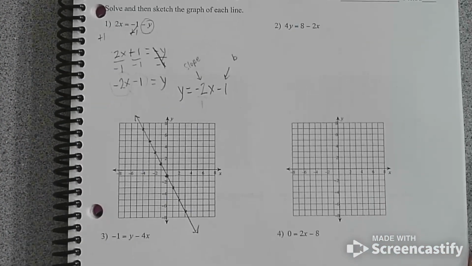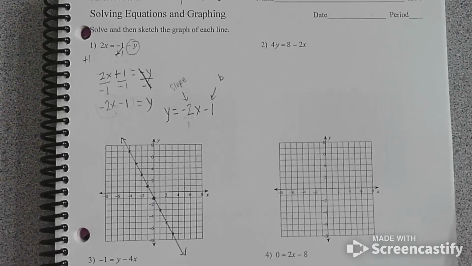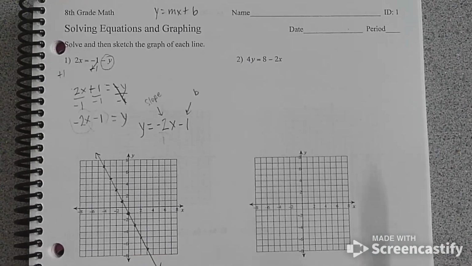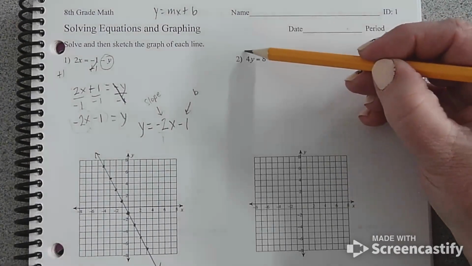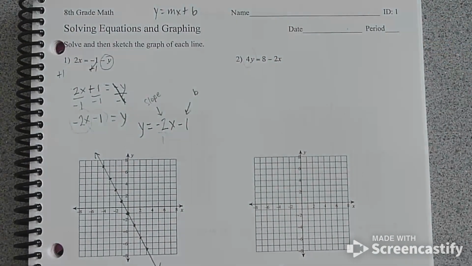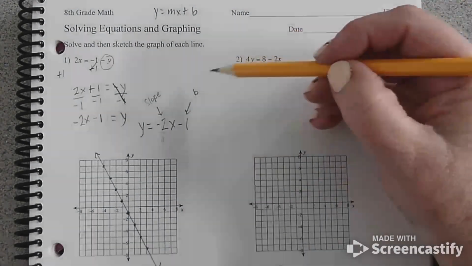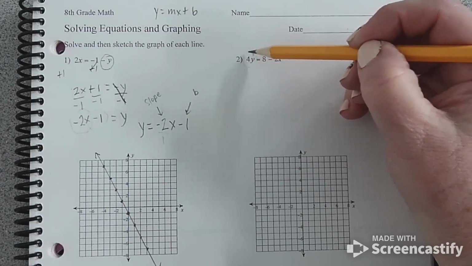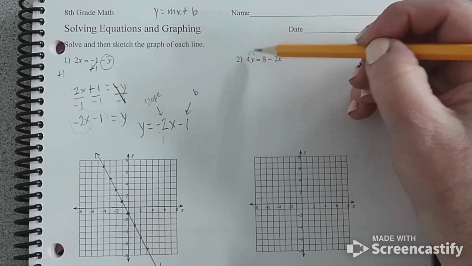Okay, let's do another one. Let's look at number 2 here. So first of all, again, we need to get the y by itself. Well, the y is not by itself. There's a 4 by it, so we need to get rid of the 4. When they're close like this, it's like you and your best friend. How does your best friend go home?